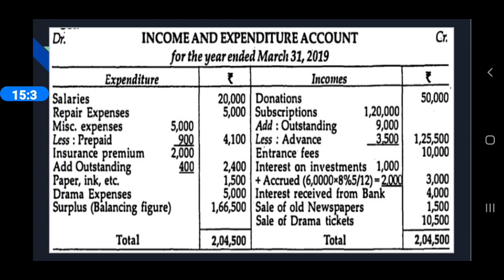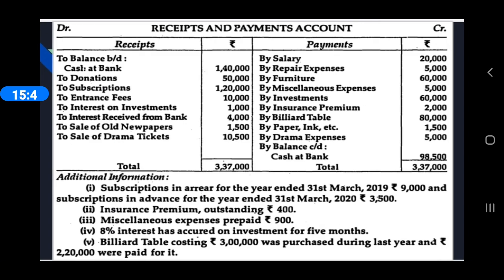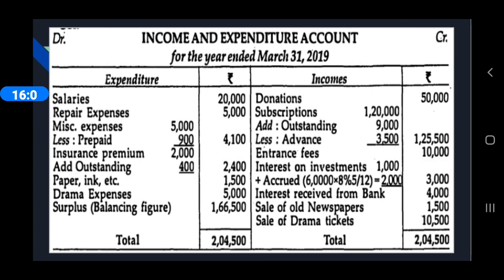Entrance fees are a routine revenue receipt, so that is also taken as income. Then interest on investment is rupees 1000. As per the last adjustment, that is the fourth adjustment, 8% interest has accrued on investment for 5 months, that is outstanding interest, the interest accrued or receivable.